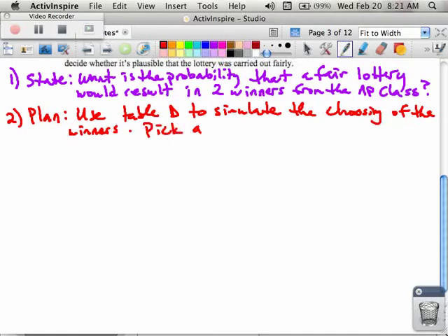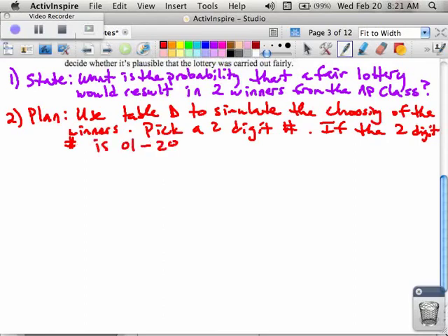Pick a 2-digit number. If the 2-digit number is 01 to 28, they are in AP Stats.